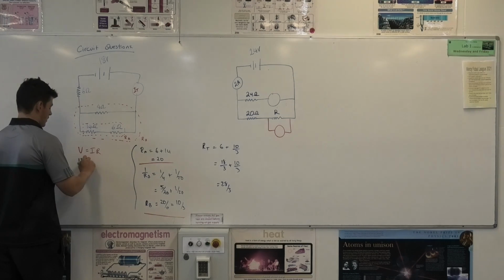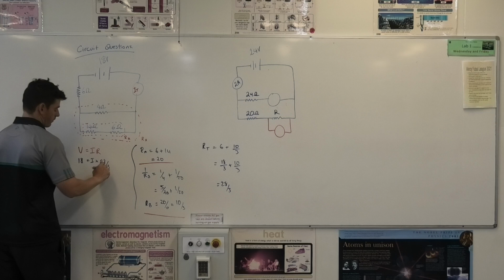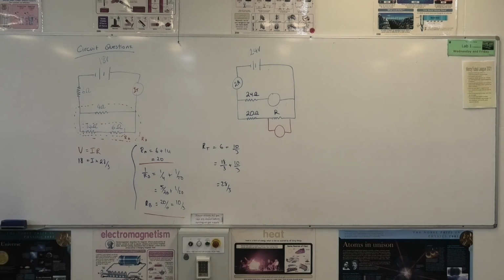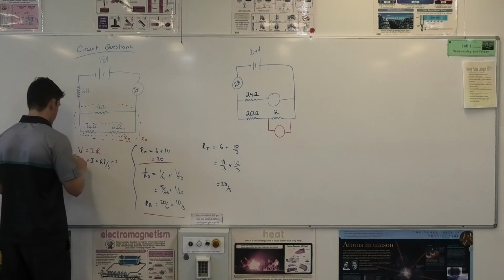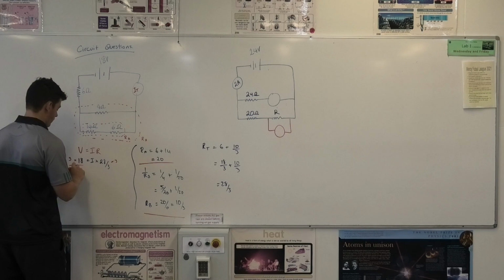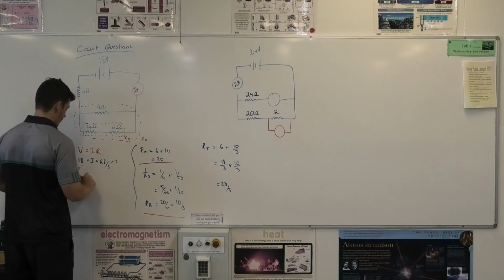18 equals I times 28 over 3. And then what you can do is times both sides by 3, then divide both sides by 28, and we get a fraction.